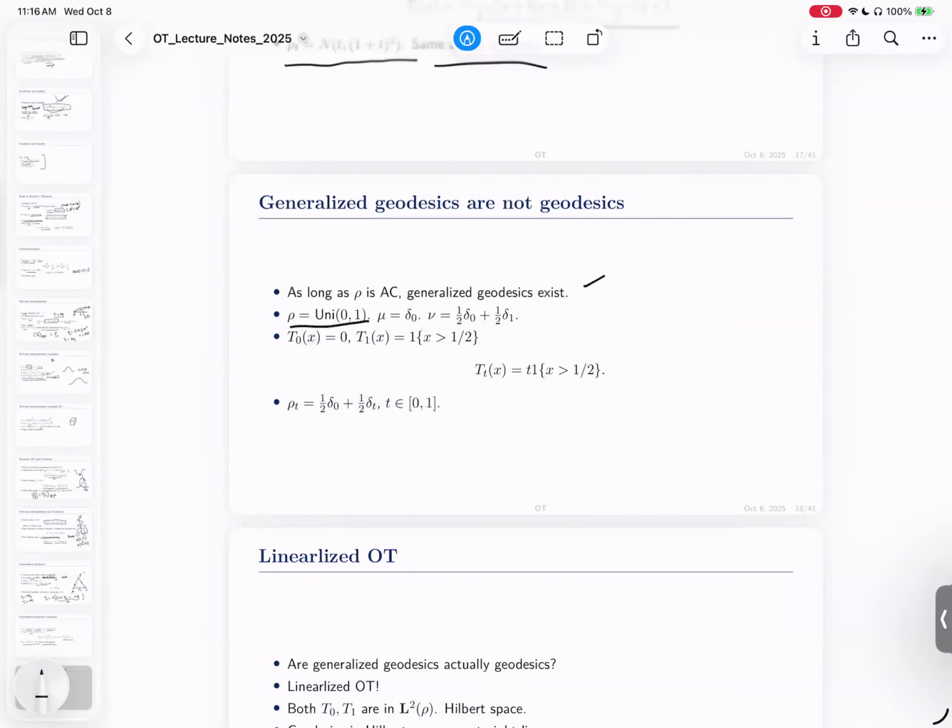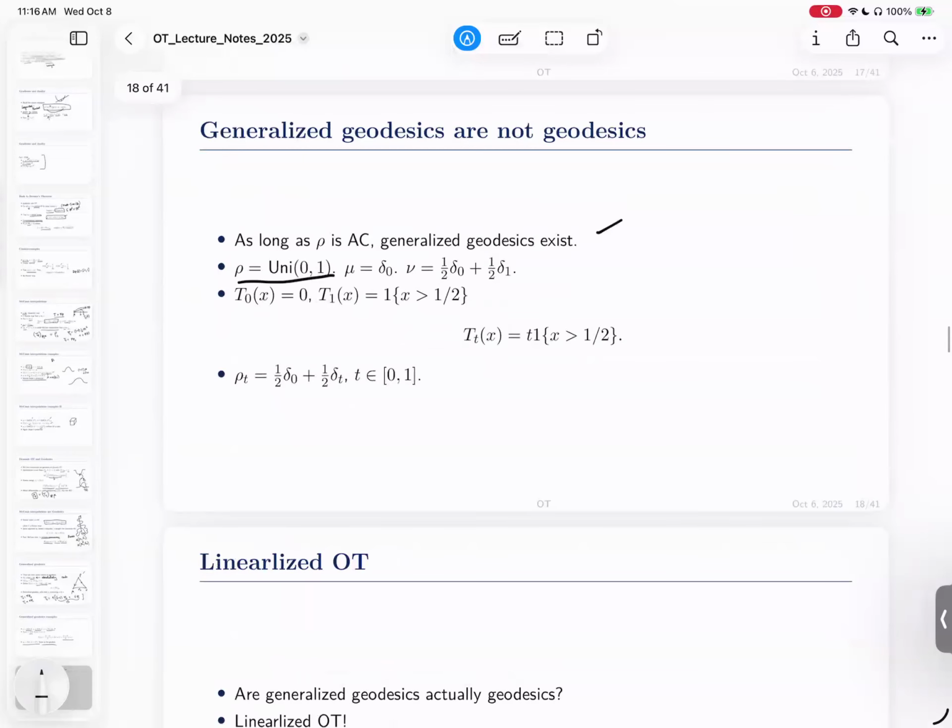So I'm in the real line, and my base is uniform 0, 1. Now I take my mu to be the delta mass at the origin, and my nu to be this Bernoulli random variable, one half Bernoulli. In probability language, this is my Bernoulli 1/2, or binomial 1, 1/2, if you wish.